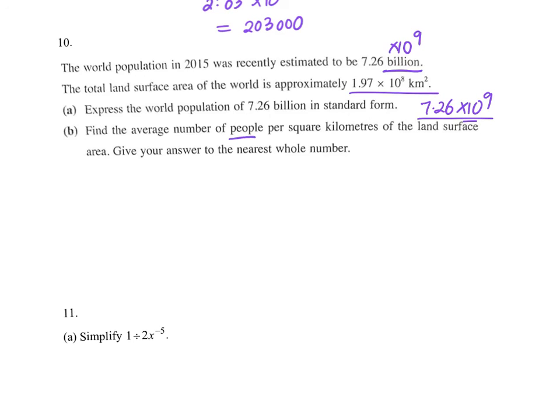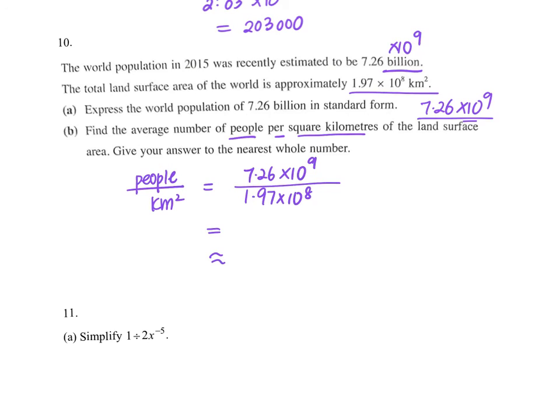Find the average. What is this? People per kilometer square. So it means people divided by kilometer square. People is 7.26 billion, which is 10 to the power 9, divided by 1.97 times 10 to the power 8. Use a calculator.